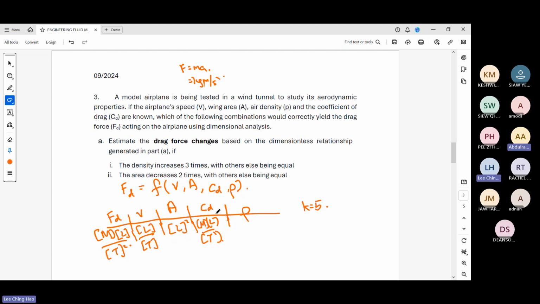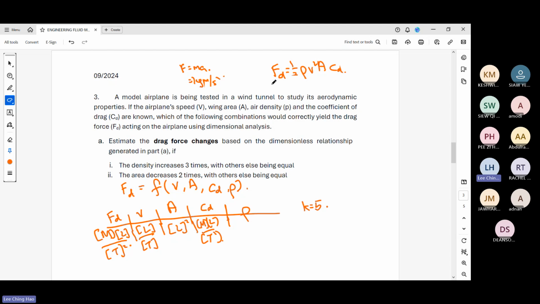Not sure, no, that's not correct. The drag force is one half rho v squared A C_D, this is the original formula.